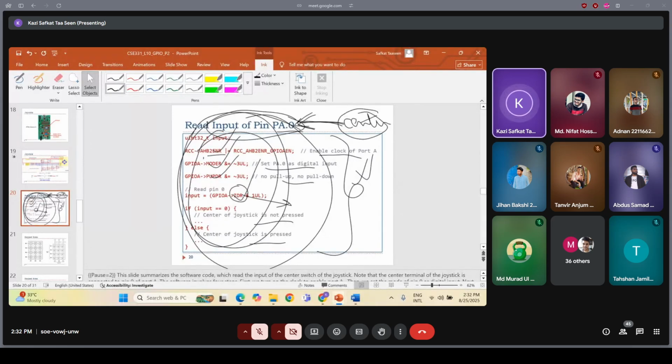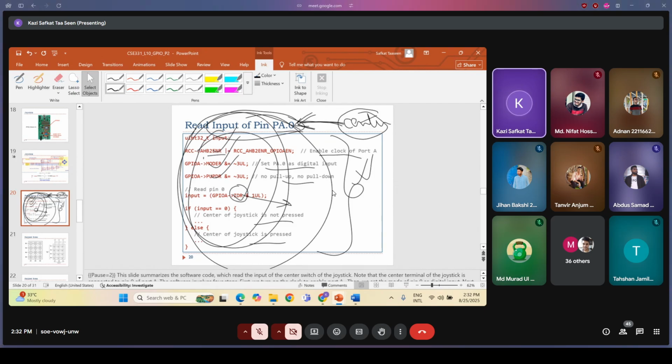So how you read the input from a pin, because a pin is actually connected to a button, right? Whether the button was pressed or not, you get an idea from the value in the pin.